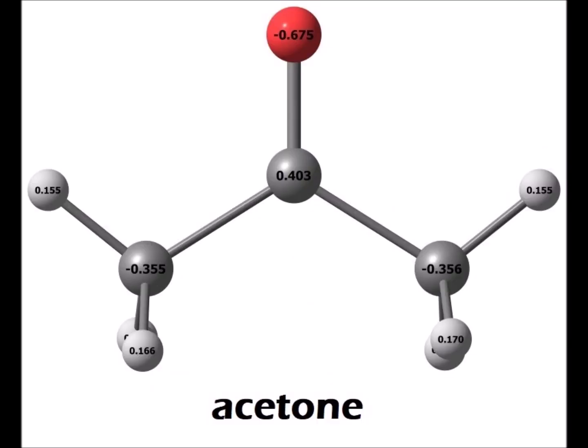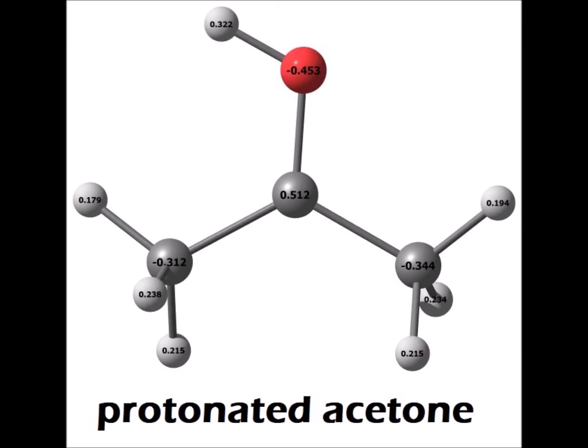For our final two examples, we're going to look at ketones. The first ketone here being acetone, and the partial charge on the carbonyl carbon is 0.403. For protonated acetone, the partial charge on the carbonyl carbon is 0.512.